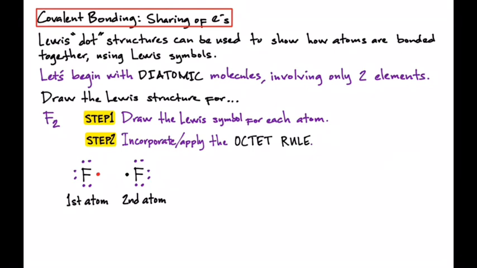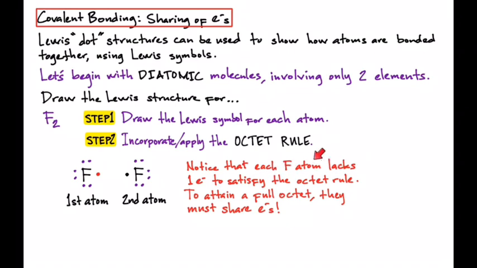So here's the first step. We draw the Lewis dot symbols for each atom. So you have the fluorine atom here on the left, the second atom on the right. And you can see that there's a total of 7 valence electrons, or 7 dots, surrounding fluorine. And so because they lack one single electron, these 2 electrons here will basically be shared between the 2 atoms.